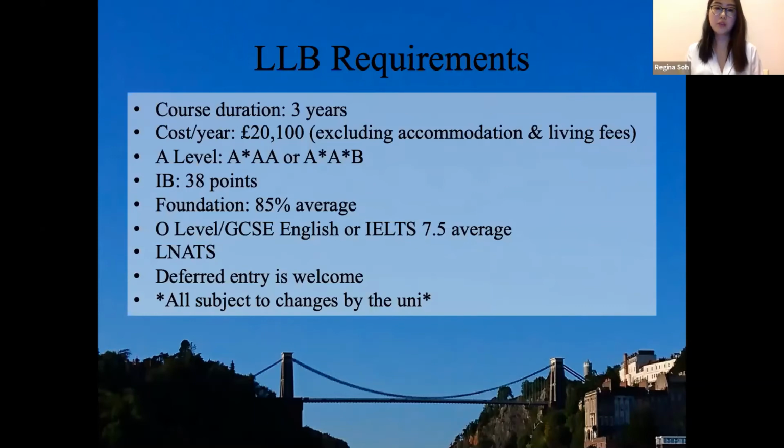In terms of A-level requirements, it's either A star AA or A star B. This is the UK A levels. For Singapore A levels, I'm not really sure what kind of curriculum you're going under, but you just move your grade one grade higher, because the UK has A star and Singapore doesn't. For IB, it's 38 points or above, and if you did a foundation in the UK, it'll be 85% average or more.